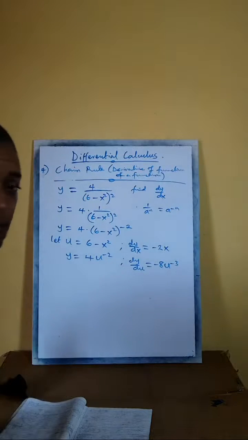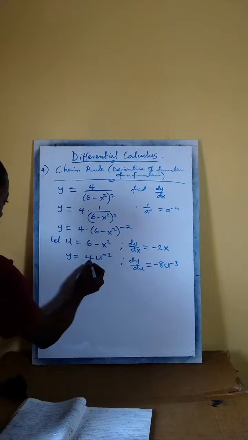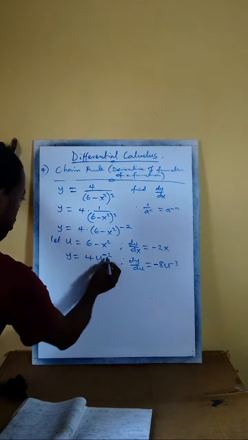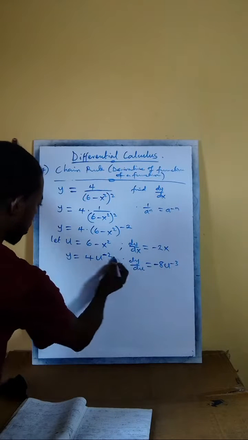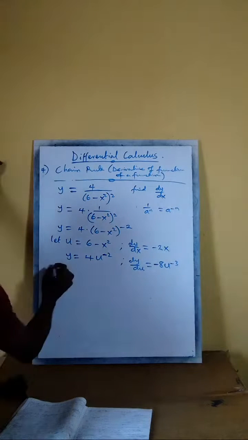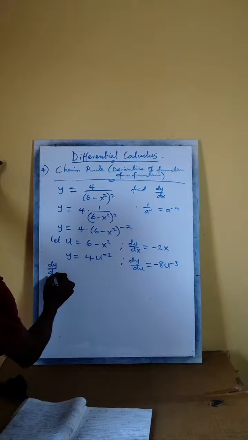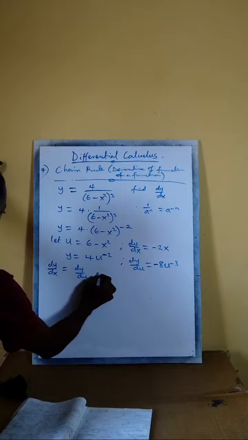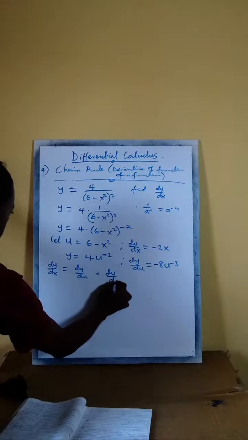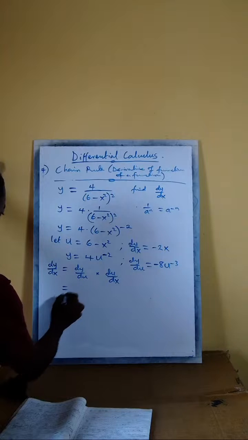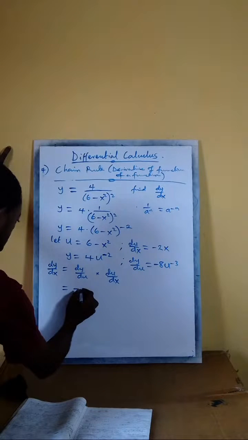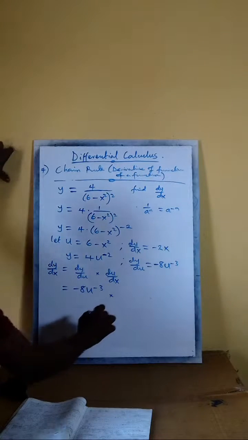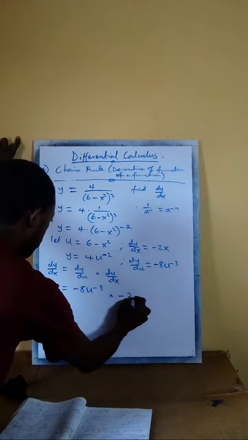So the method of differentiation here: we multiply the power and the coefficient. 4 times minus 2 gives us minus 8. Then you subtract 1 from the power, minus 2 minus 1, that's minus 3. Now, we recall that dy/dx for the chain rule will be dy/du multiplied by du/dx. So dy/du is minus 8 u raised to power minus 3, times du/dx, minus 2x.